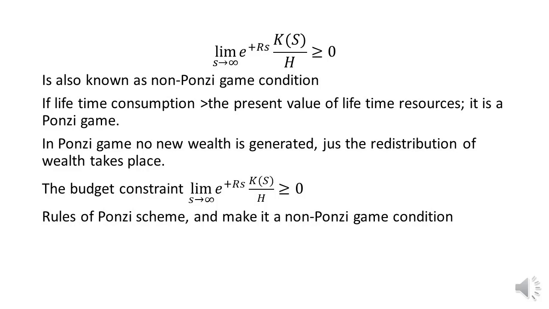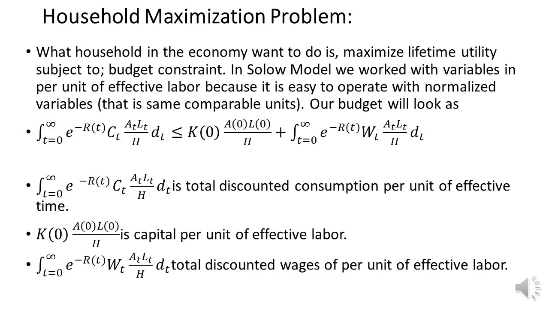So now let's talk about the household maximization problem. What households in the economy want to do is maximize their lifetime utility subject to the budget constraint they are facing. In the Solow model, we work with variables in per unit of effective labor because it is easy to operate with normalized variables, that is, we use comparable units. So our normalized, or per unit of effective labor based, budget constraint will look like this.